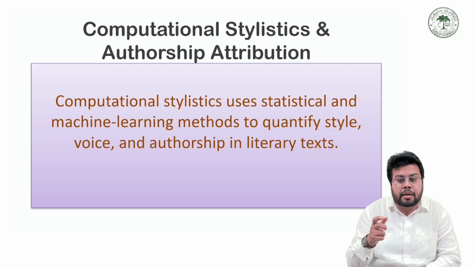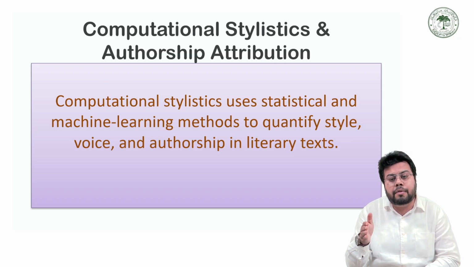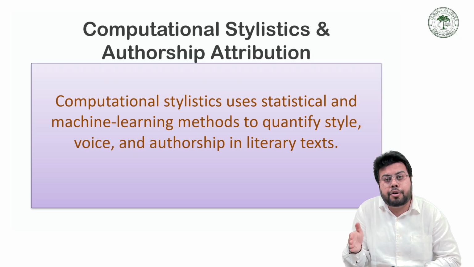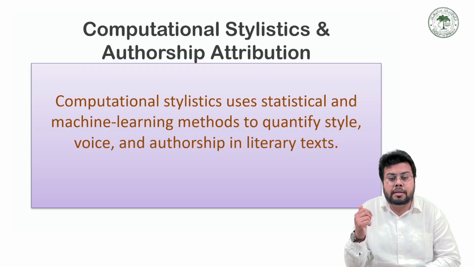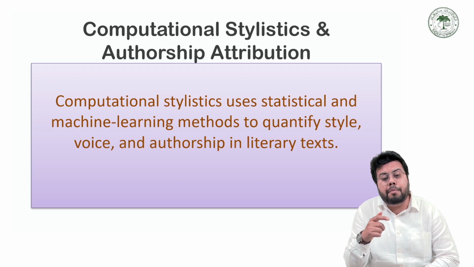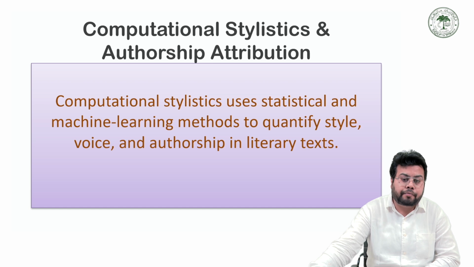So the same thing is being applied here, where authorship attribution is one of the most important applications of computational stylistics. The former answers who wrote this, and the latter studies how this is written and what makes this author unique.